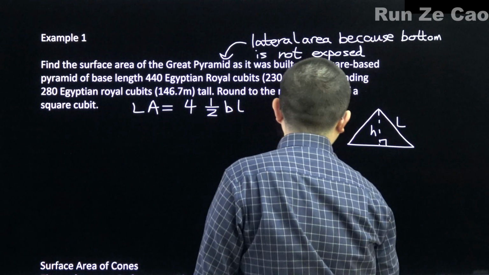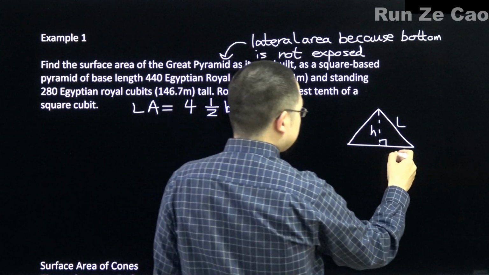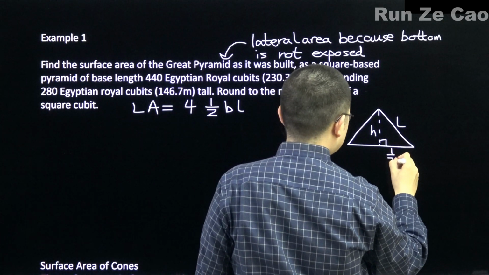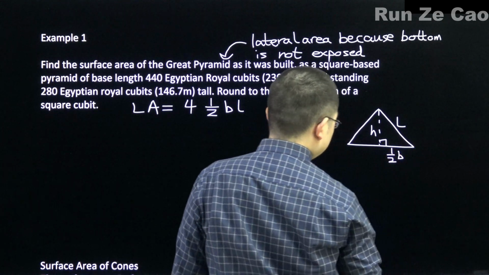So, what is L? This is going to be 1/2 base.